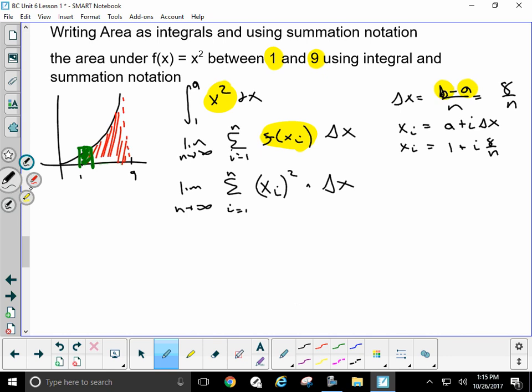Now comes the part where I will replace x sub I with what it's equivalent to for this situation, and I will replace delta x with what it's equivalent to, and I will have an expression for the exact area under a curve using limit notation.